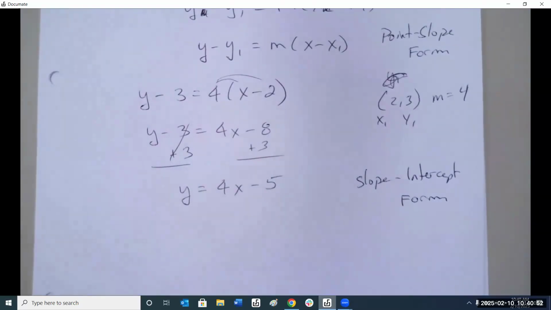Again, it all started from the slope equation. Multiply both sides by the denominator, you get the point slope. Plug in a point and a slope, you get the slope-intercept form.